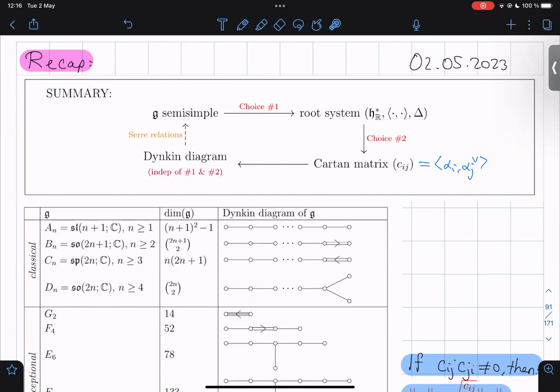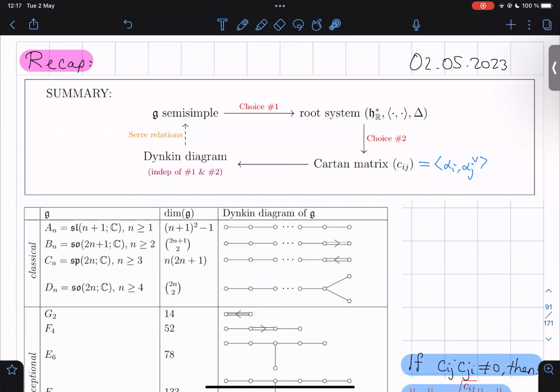Okay, so we have this sort of compression of the data associated with the Lie algebra, determined by two choices. The first choice is the choice of Cartan subalgebra, H sitting inside G. It's a maximal abelian self-normalizing subalgebra. There's choices there, but they're all related to each other in a controlled way.